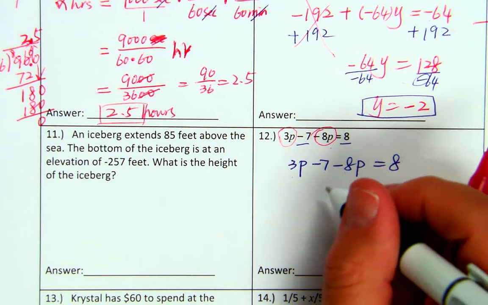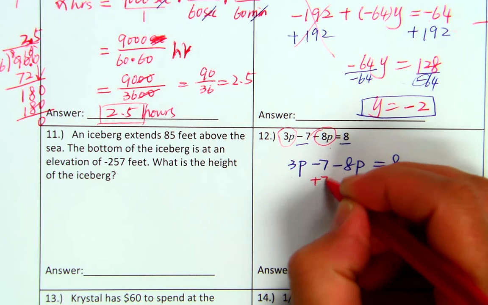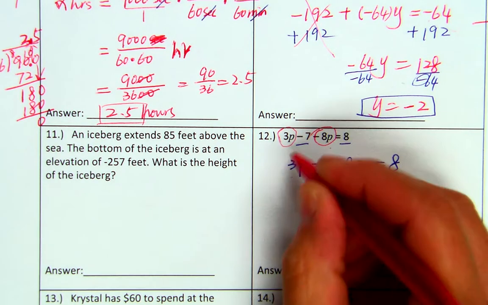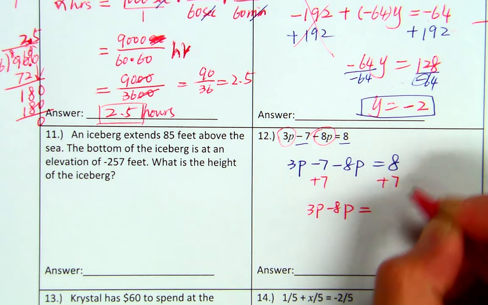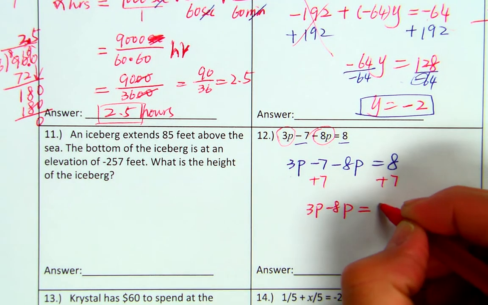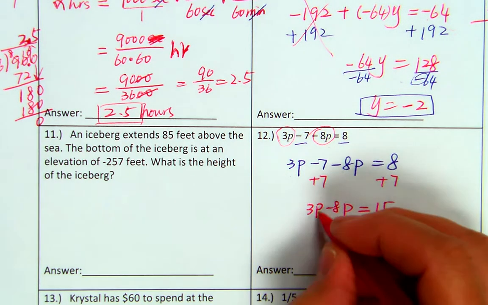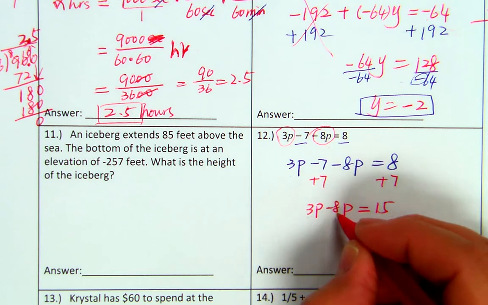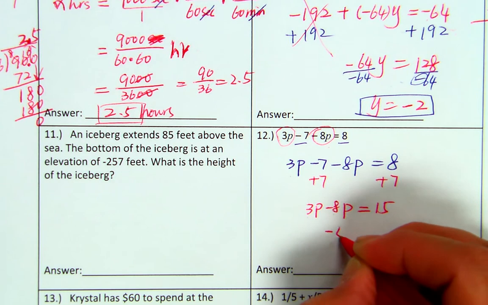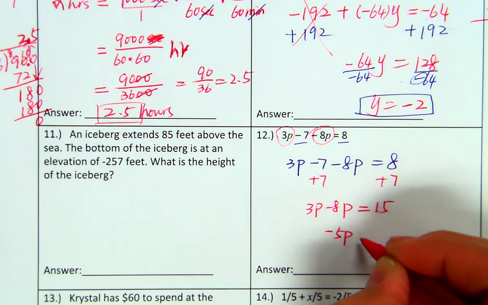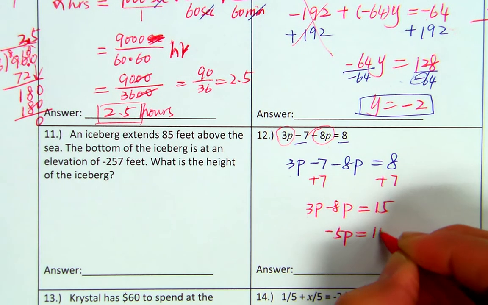So basically I'm adding 7 to both sides. On this side you have 3p minus 8p, and 8 plus 7 is 15. 3 minus 8 is negative 5p, still keep the p, equals 15.